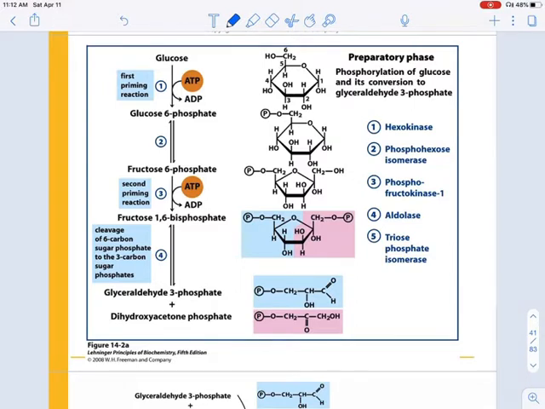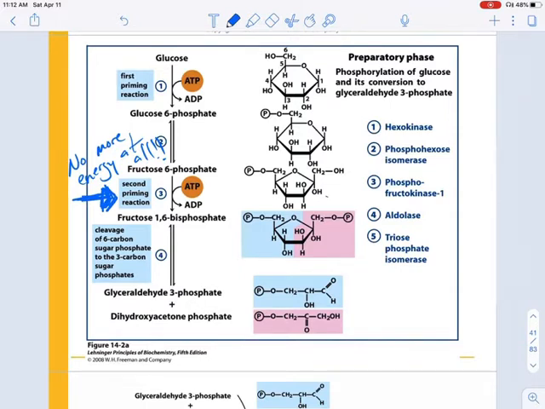Another key thing to point out is that after we invest a molecule of ATP in the third step of glycolysis, we do not add any more energy into the system at all. We don't invest anymore. Everything else occurs from the downward flow of breaking down this glucose molecule and pulling energy out of that glucose.